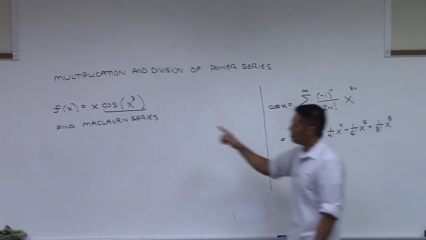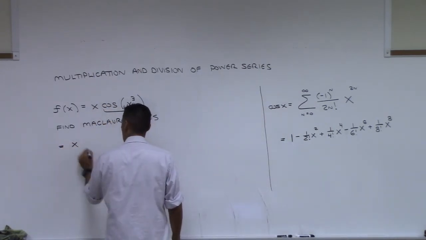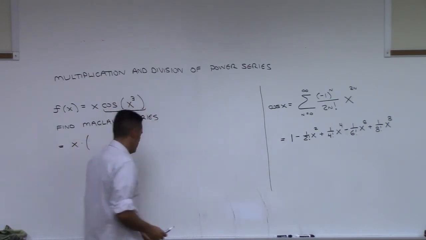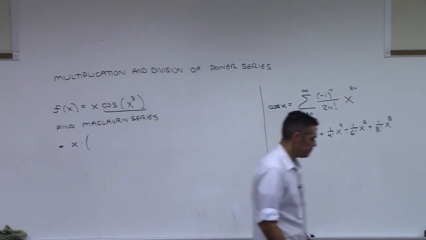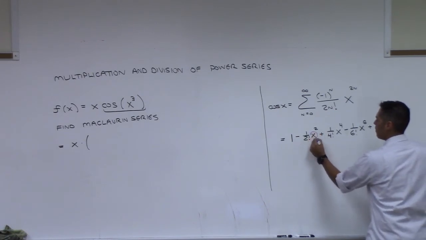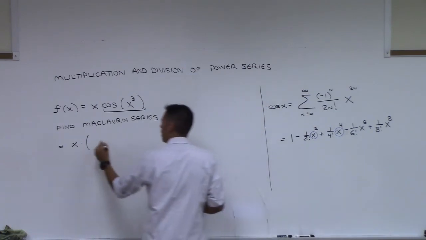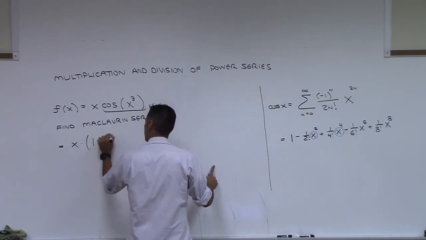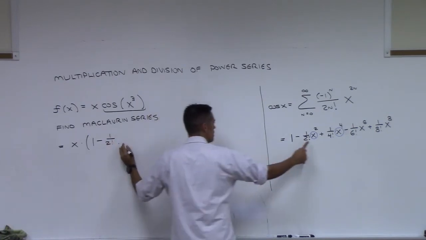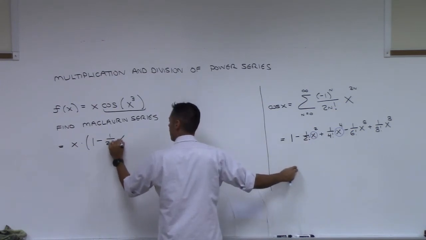So what we're going to do is rewrite this as x times this thing. But instead of plugging in x, what are we going to plug in? x cubed. So everywhere we see an x here, we're going to replace it with x cubed. So it's going to look like this. 1 minus 1 over 2 factorial x cubed squared, x to the 6th, right?